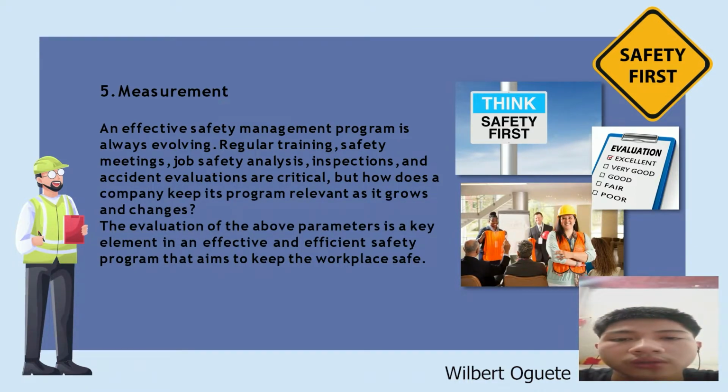The evaluation of the above parameter is a key element in an effective and efficient safety program that aims to keep the workplace safe. Giving employee effective training in the company is relevant. Also, discussion of safety meetings to review past incidents so the company can implement new protocol and avoid reoccurrence in the future.